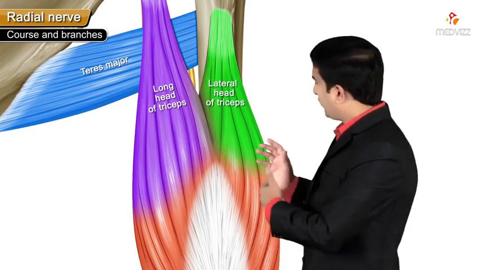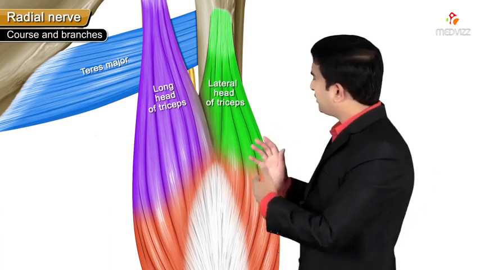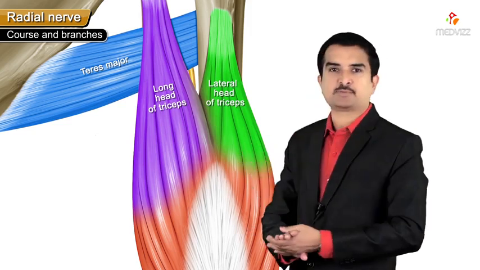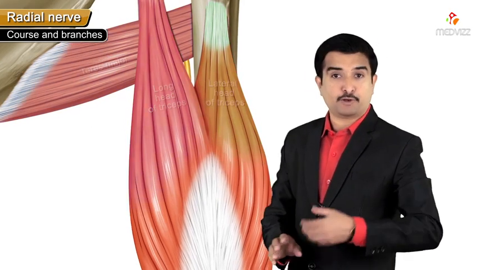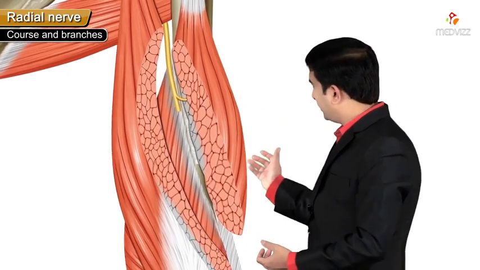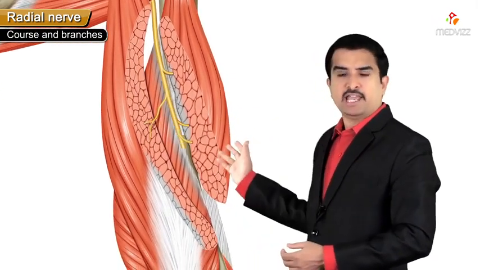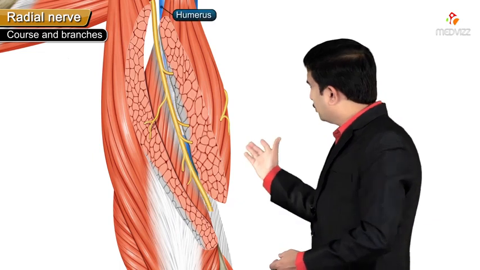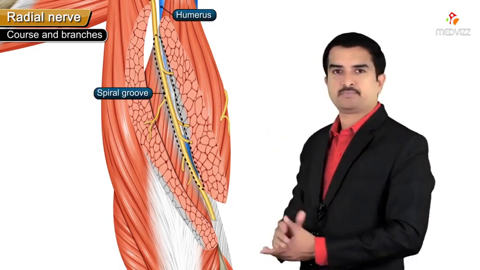So from this triangular interval, it enters into the posterior aspect, and from there it descends in the arm by spiraling around the mid shaft of the humerus in the spiral groove.